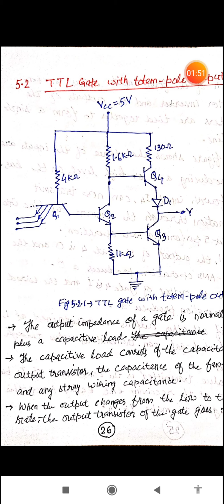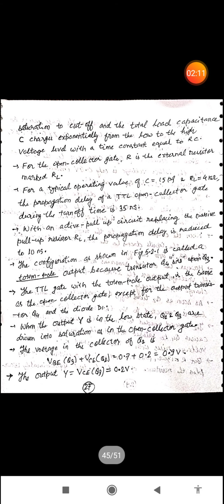For the open collector gate, which we have already discussed in the previous lecture, R is the external resistor marked RL. For a typical operating value of C equal to 15 picofarad and RL equal to 4 kilo ohm, the propagation delay of a TTL open collector gate during the turn off time is 35 nanosecond.